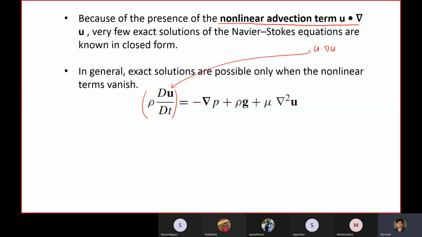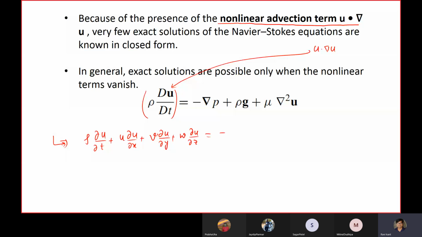Let me expand it: rho dou u by dou t plus u dou u by dou x plus v dou u by dou y plus w dou u by dou z is equal to minus. Let me write all the x momentum, y momentum, and z momentum equations of the Navier Stokes equation first, and go through the details of what exactly this signifies.